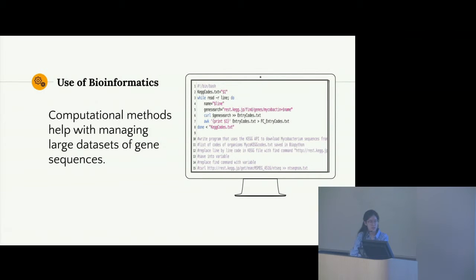Using a computer and programs to manage your data is really helpful and key when you have very large data sets. For me, I had over 61 strains of NTM, and there are more than 5 genes per species, and each gene is over thousands of nucleotide bases long. So having a computer program to help me organize and acquire it was really helpful.